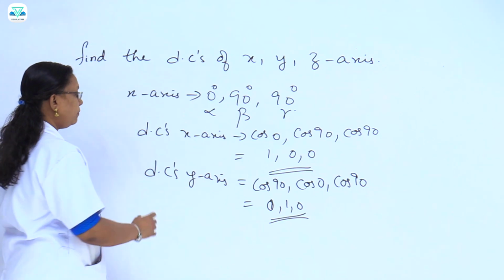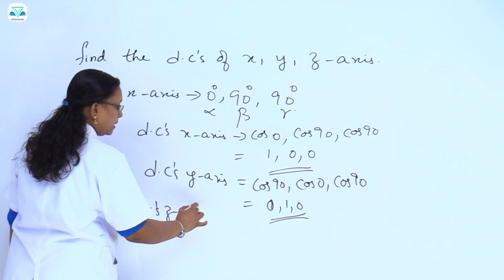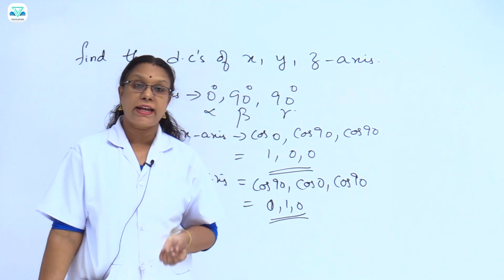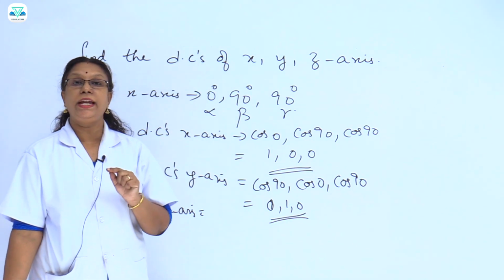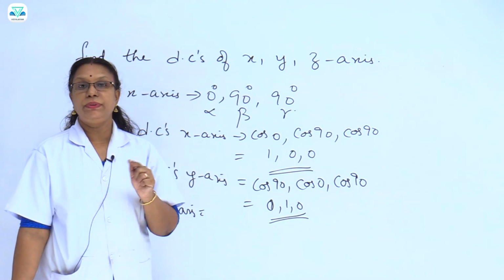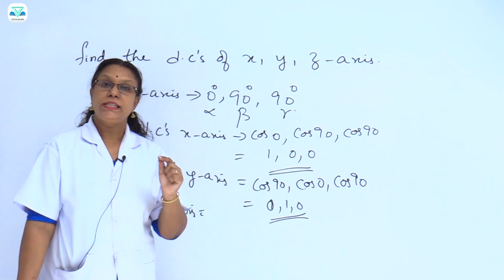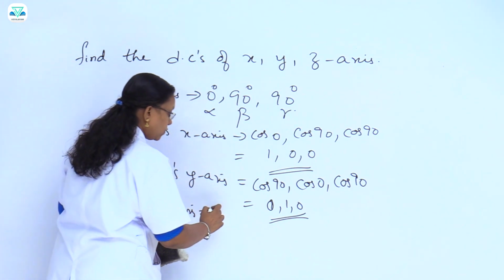Now the same way, the direction cosines of the z axis. The direction angles of the z axis can be 90, 90 and 0 degrees. Z with respect to x is 90, z with respect to y is 90, z with respect to the z axis is 0 degrees. So what are its direction cosines?